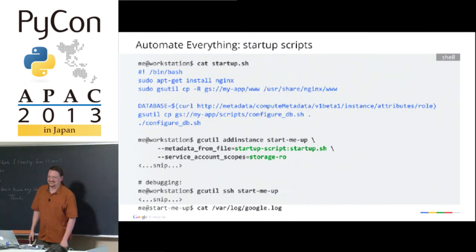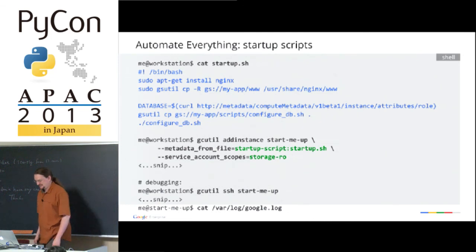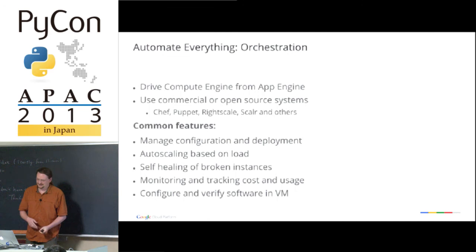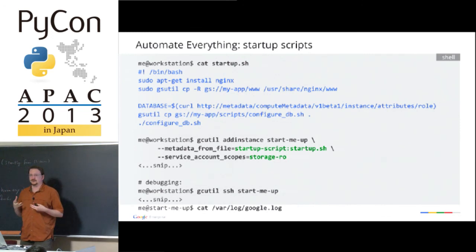Where is it on CentOS? Anyway, it's a different file on CentOS than the script log on Debian. My apologies. It's different per OS. That's confusing. We should change that. OK, so you can use this as the base of automating your Compute Engine.